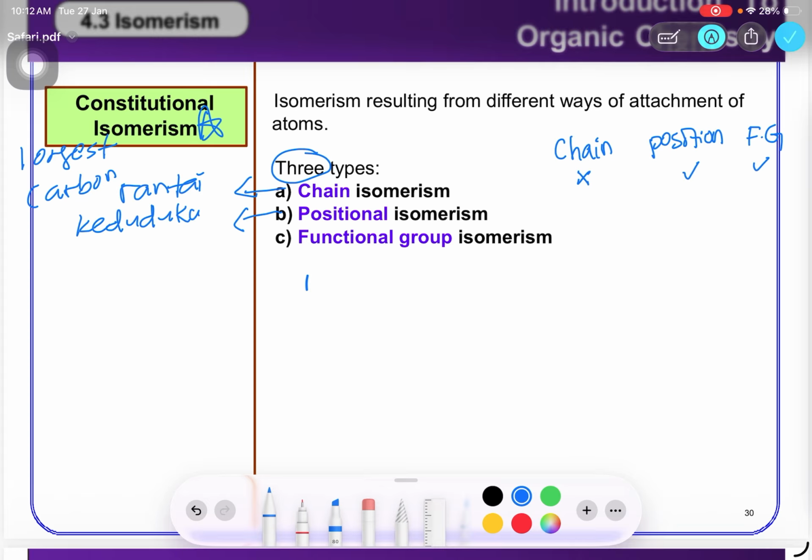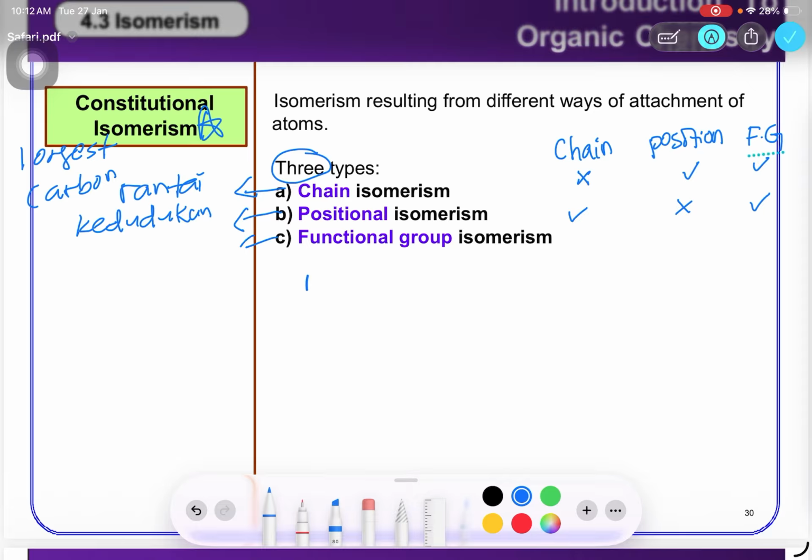So from here we understand if they are positional isomers, normally they will have the same longest carbon chain, but the functional group or the substituent will be at a different position, and both of them will have the same functional group.